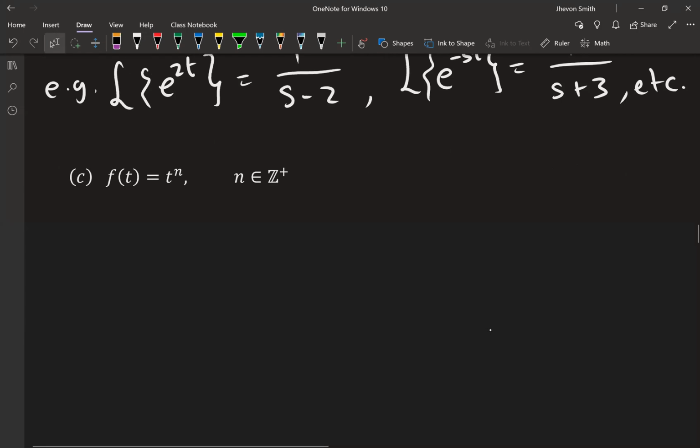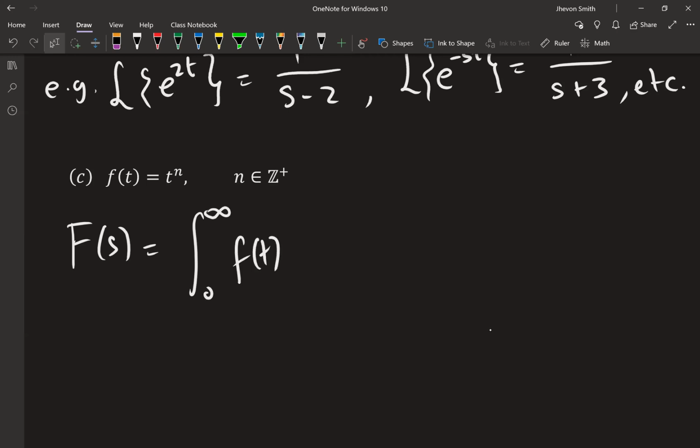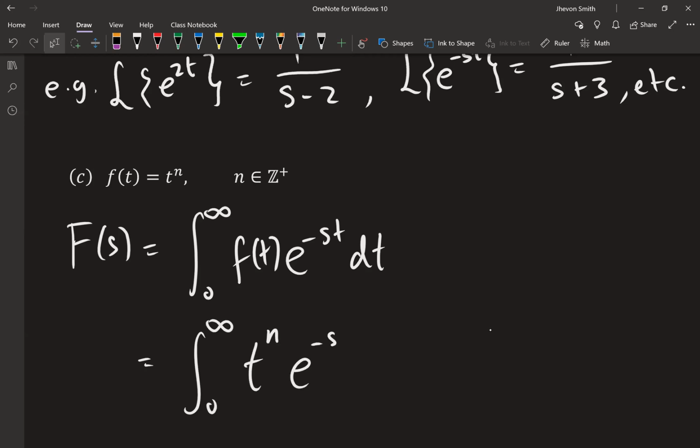Then F of s is going to be the integral from 0 to infinity of f of t times e to the minus st dt, which is equal to the integral of t to the n e to the minus st dt.